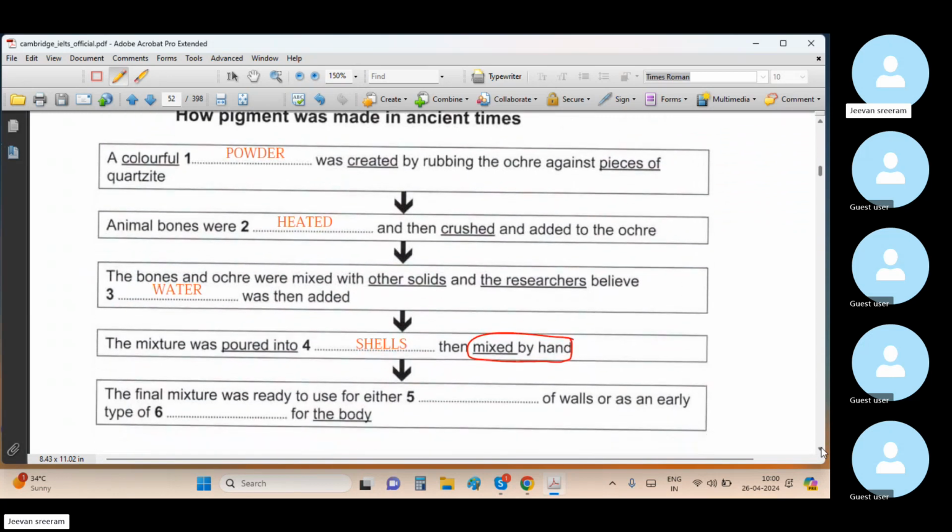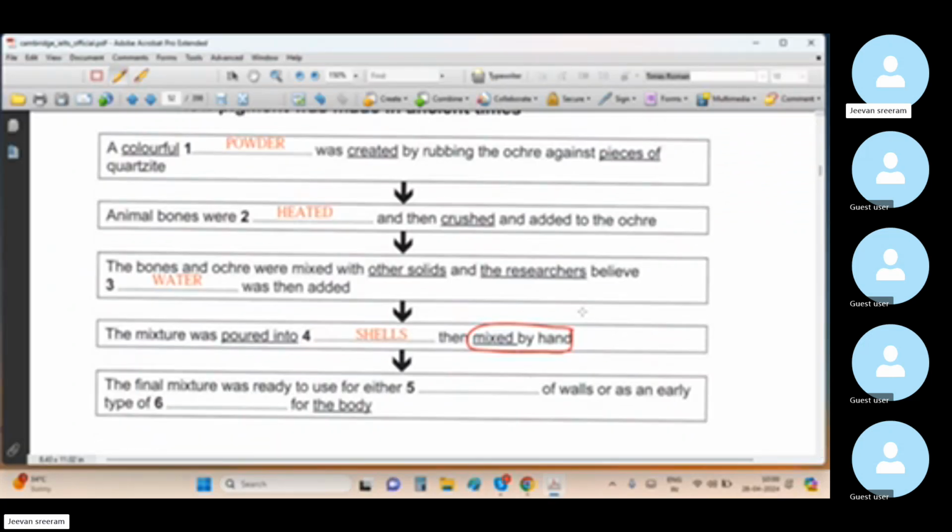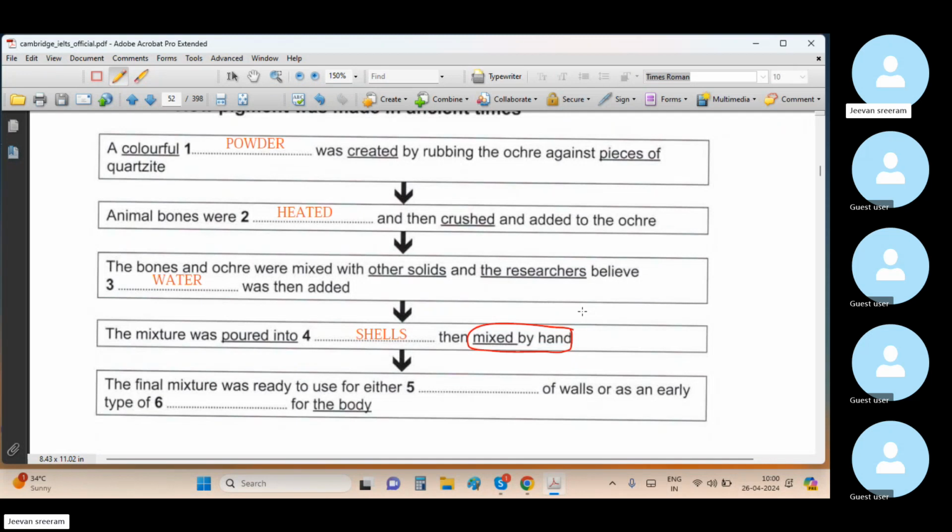The final mixture was ready to use for either dash for walls, or as an early type of dash for the body.